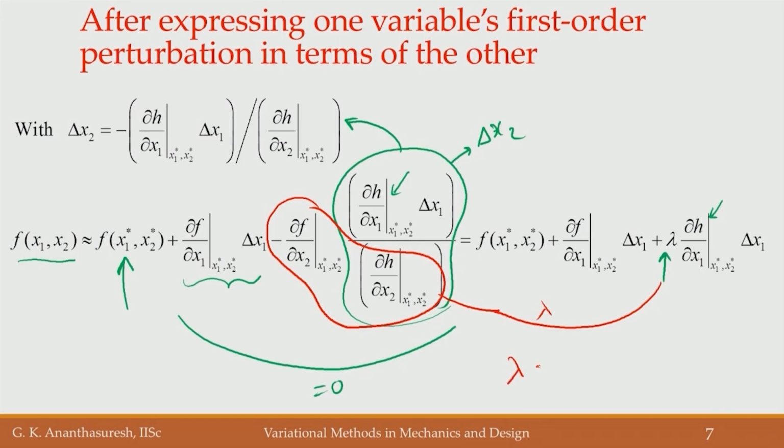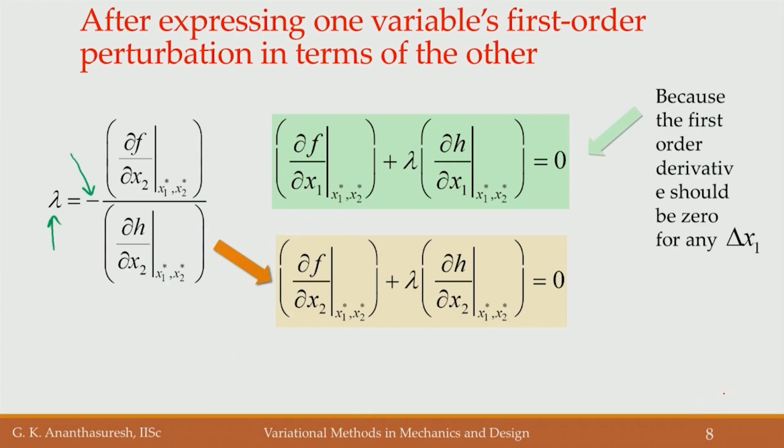So, let me write it. So, here you see minus dou f by dou x2 divided by dou h by dou x2, both of which are evaluated at x1 star x2 star. So, this whole thing is evaluated at x1 star x2 star. Okay. So, that is what we have lambda.